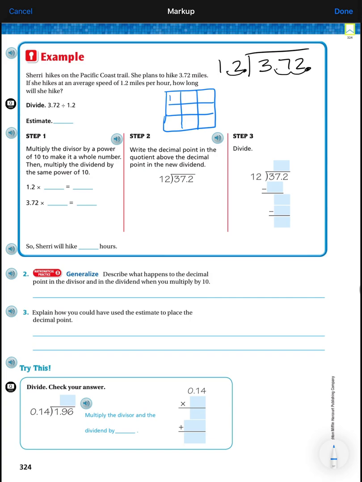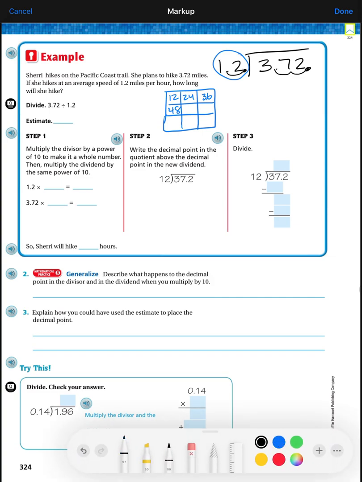So you could go like 12, 24, 36, 48, all the way through 9. Or you can create a running total. Since this number is 2 digits right here, I like to do the running total only because it helps me be able to see it a little bit better. So I'm going to go ahead and do that, and I'm going to do it down here where I've got a little bit more room, okay?